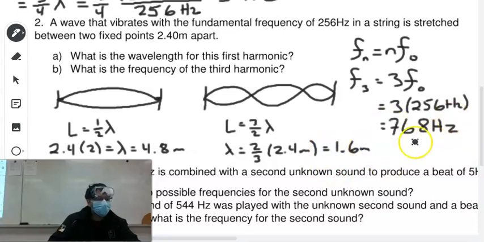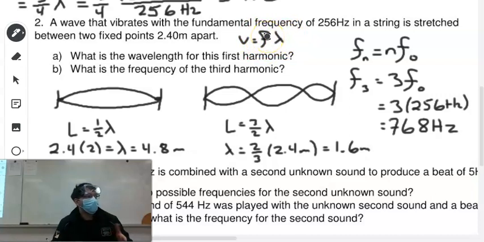So notice that as frequency increases, wavelength decreases. And what you'll notice in the lab you're going to do later today is that the speed of the wave won't change. Because remember, the speed of the wave is frequency times wavelength. As frequency increases, wavelength decreases, and it does so at just the right amount.